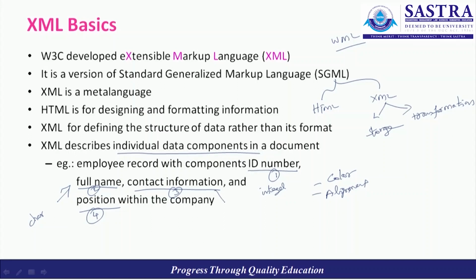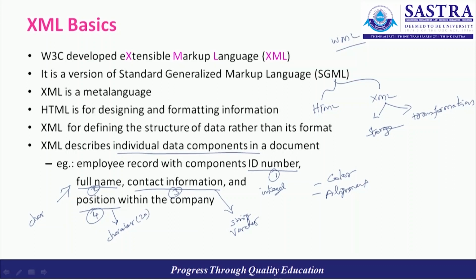And contact information is also string or it may be varchar. So this kind of specification about each and every data element we have to specify. Position, say for example, is also character of 20, like that.